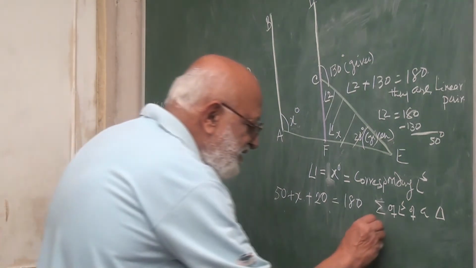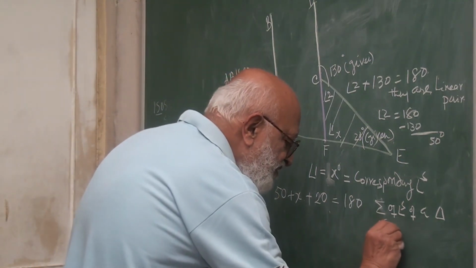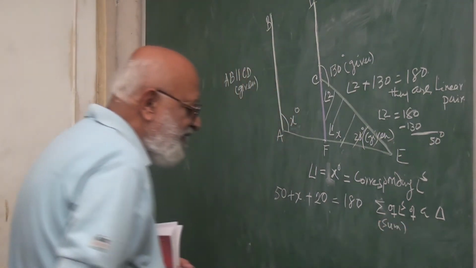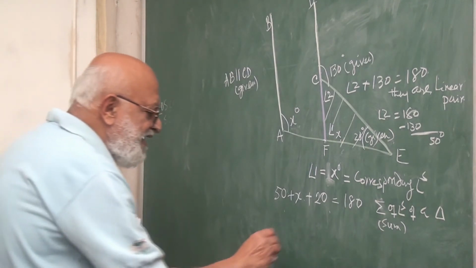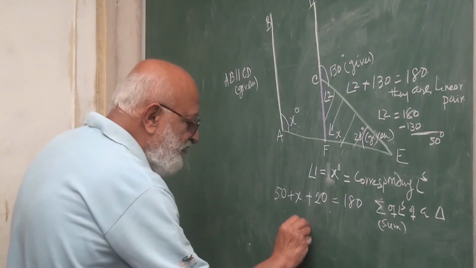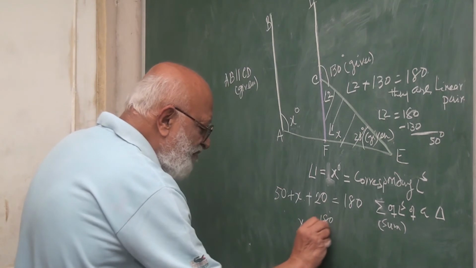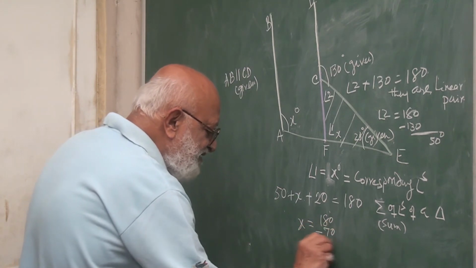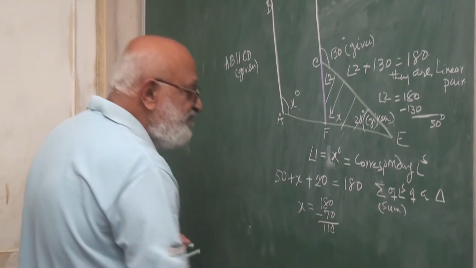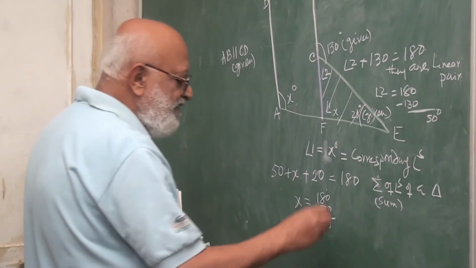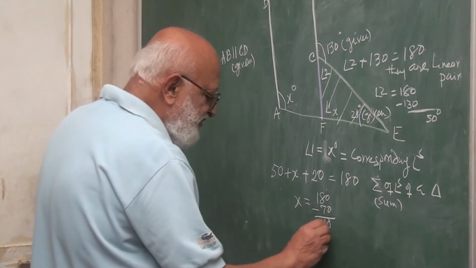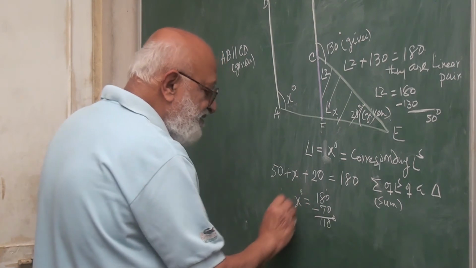This is the symbol of sum. Okay, so what is x? x will be equal to 180 minus 70, that is equal to 110. Okay, done. This is the value.